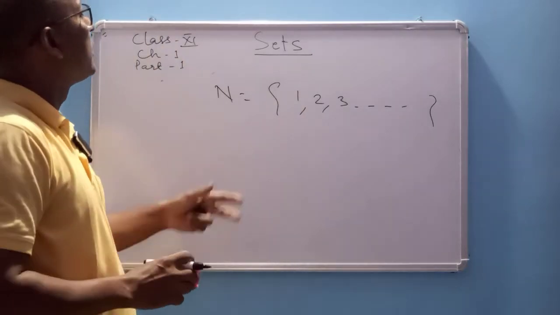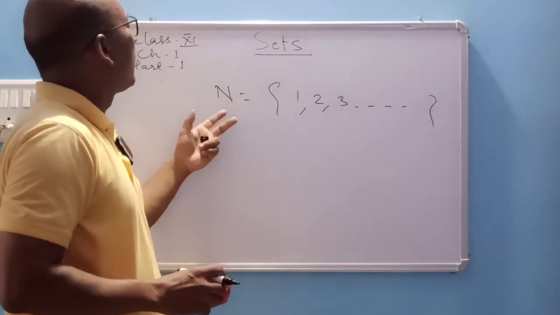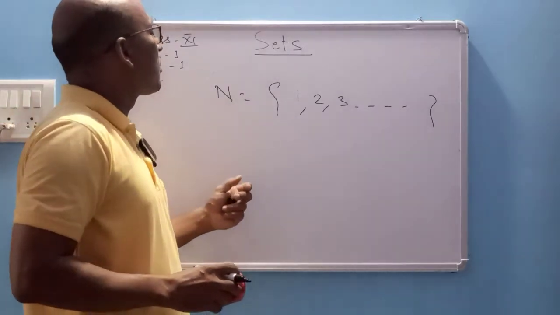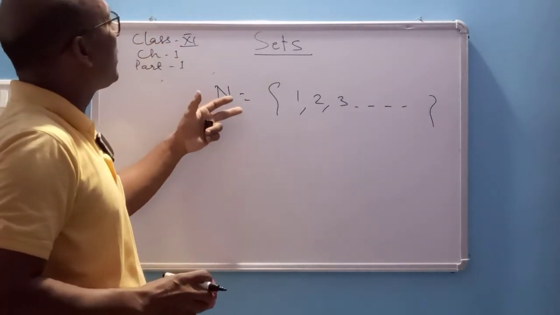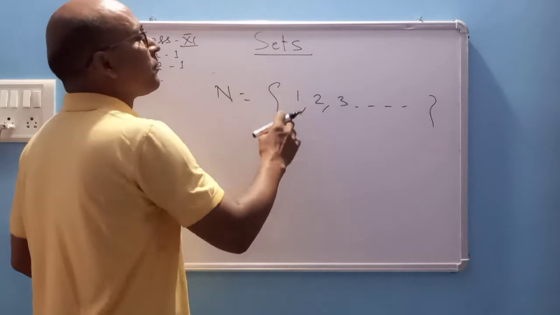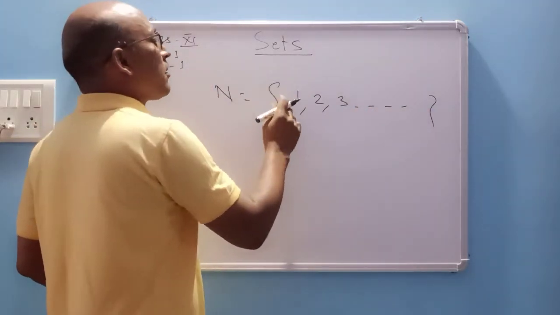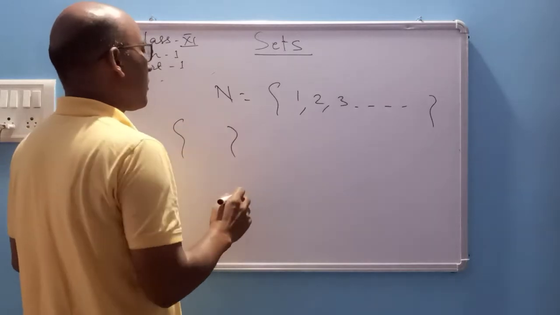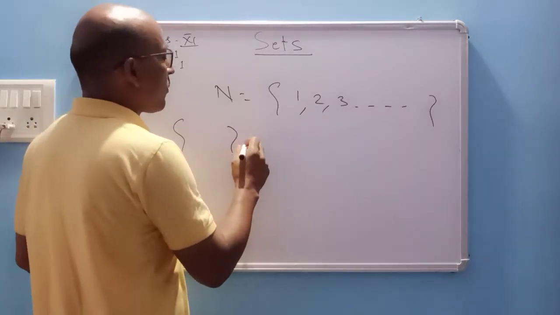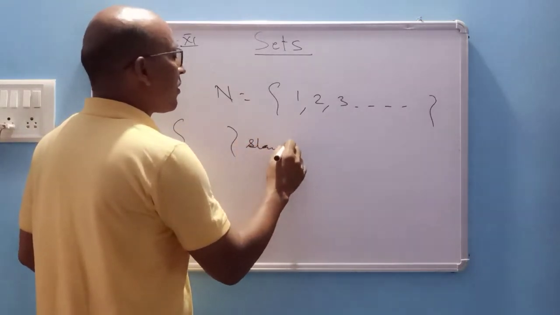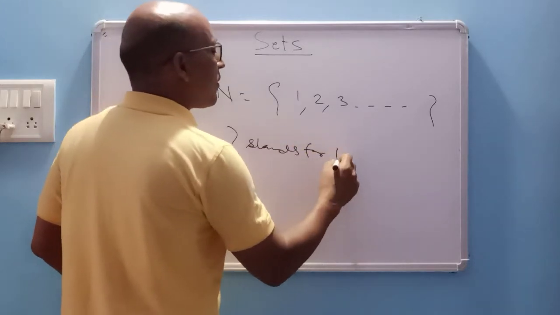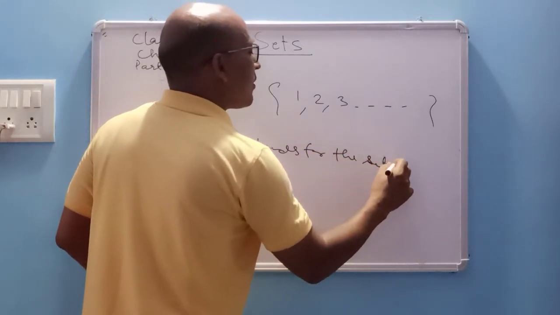And here you must have noticed that N is represented with curly braces. These are braces, which stand for the set of all.